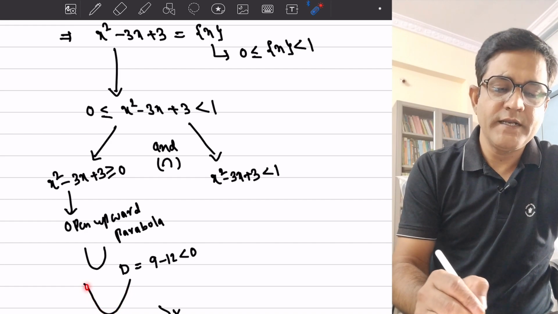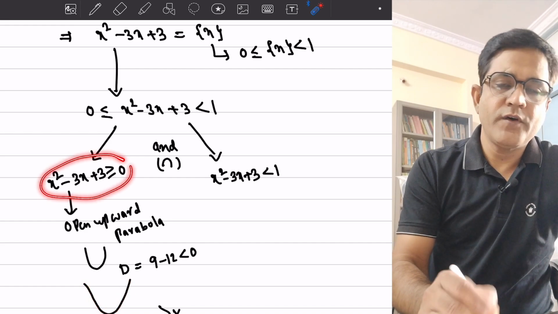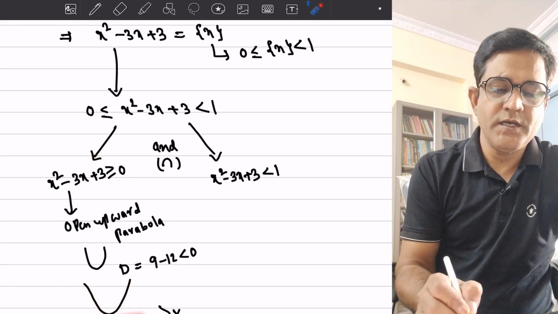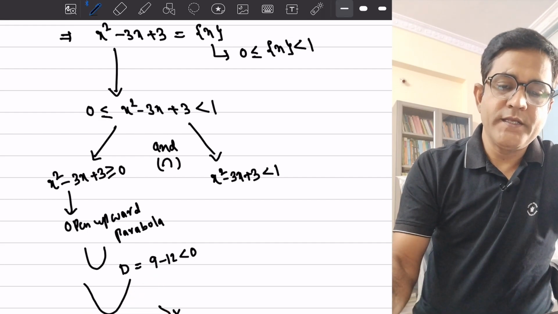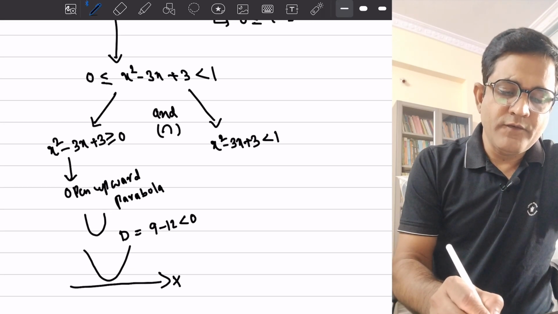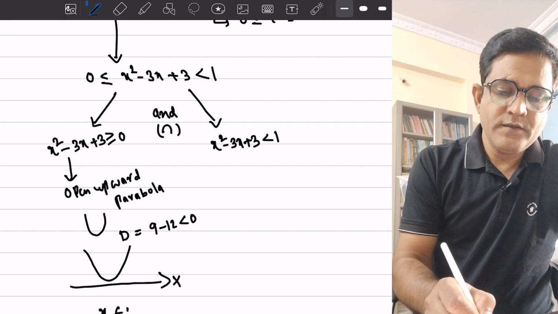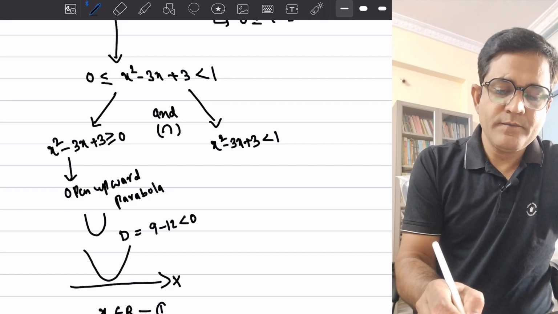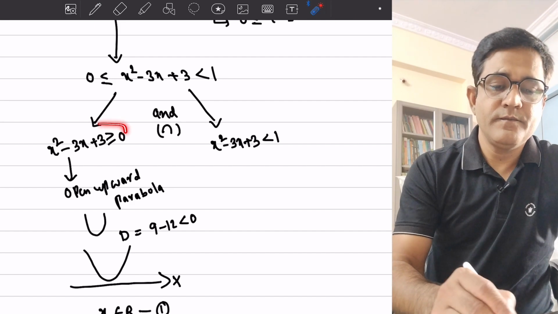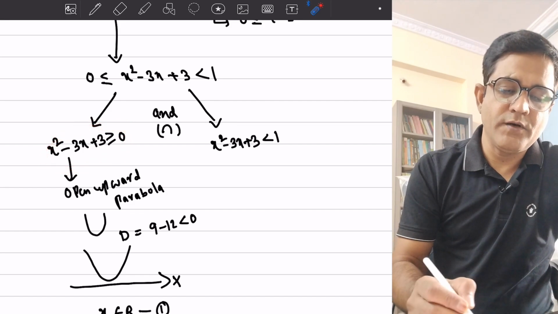So it is always greater than 0, true for all x belonging to R. Therefore solution 1 is x ∈ R.